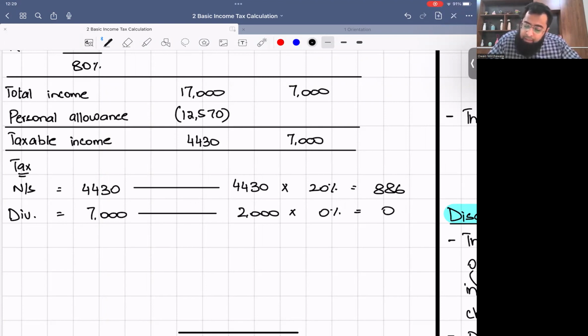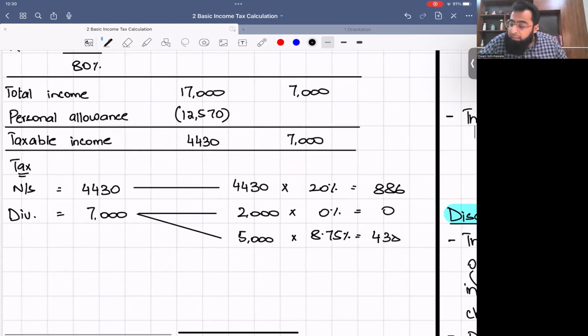Okay. And since our income lies in the basic rate band, the basic rate band is still 37,700. So even if you add up both of them, it's like 11,000. So it is within the basic rate band. So the remaining dividend income of 5,000 will be taxed at 8.75%. 5,000 into 8.75%, so it's 438.